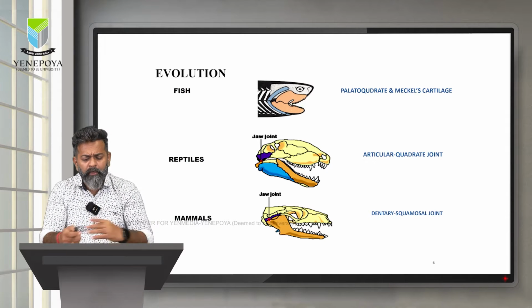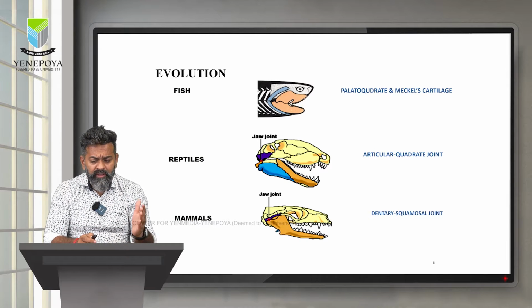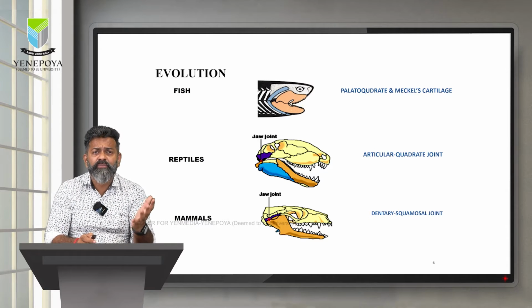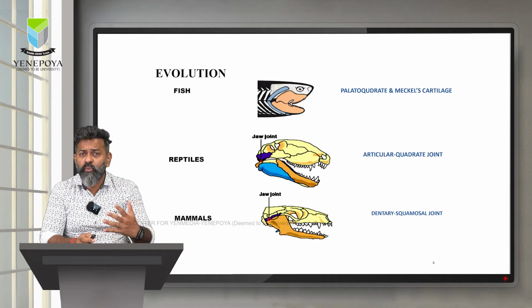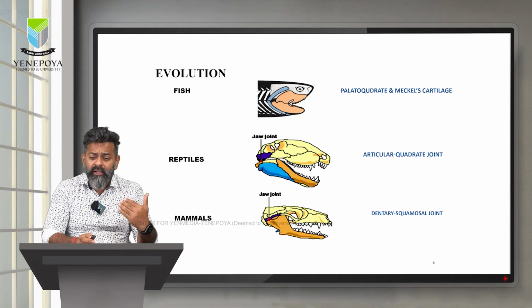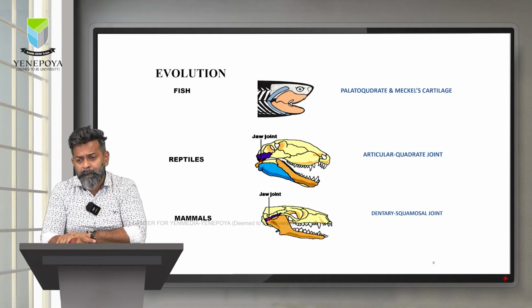Till now, these mammals were structured like quadrupeds. As the days evolved, the quadrupeds started becoming bipeds.